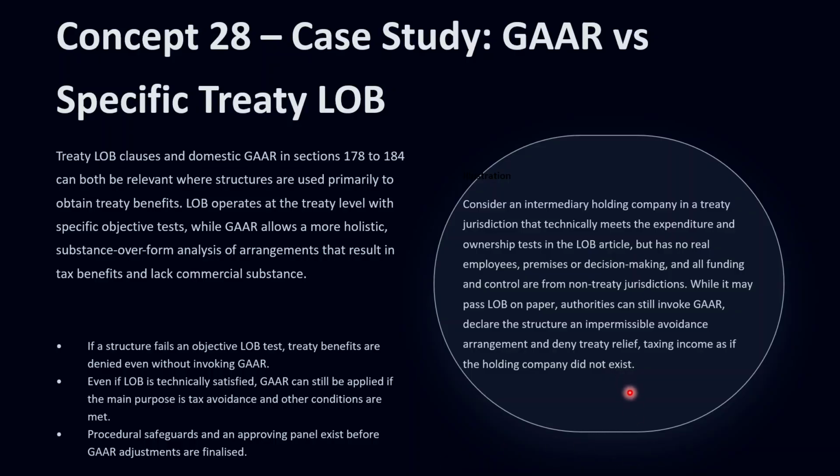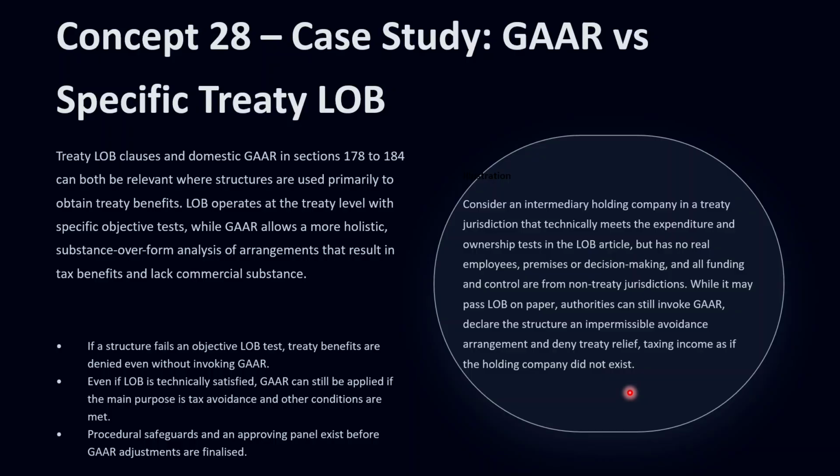As an example, a group here routes investments into India through a treaty jurisdiction company that just about meets the expenditure thresholds in the LOB article, but has no real staff, no independent decision making, and is entirely funded and controlled by entities in non-treaty countries. So on paper it passes LOB, but in substance it is a conduit.